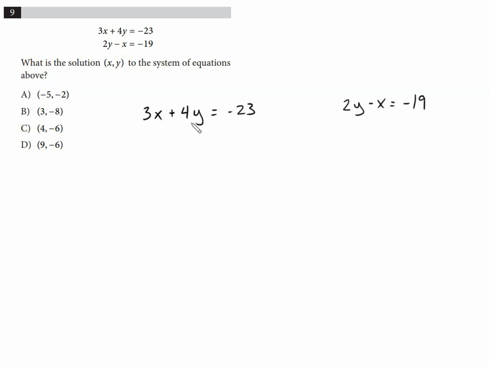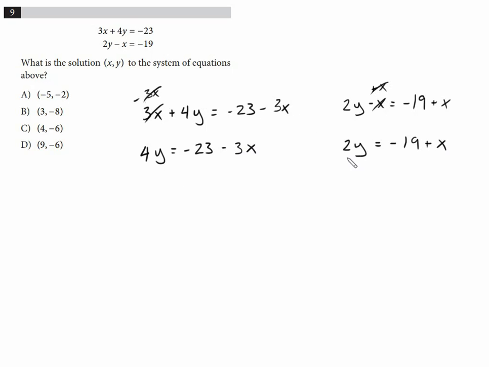So I want to get the y alone this time. So here we have 4y equals negative 23 minus 3x on both sides, and 2y equals, I'm going to add x, negative 19 plus x.